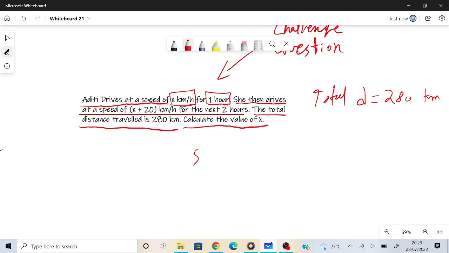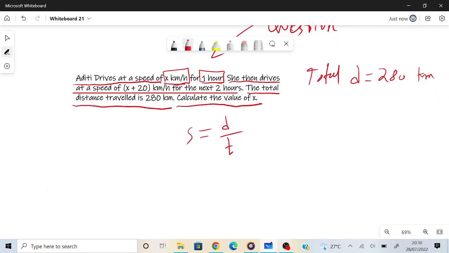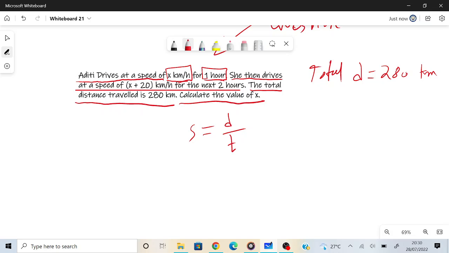So using our formula, speed equals distance over time, if I substitute the values from this first part, I would have x equals d over 1. I simply took the speed they gave me, that is x, represented the distance as d, and took the 1 hour and put it over here.